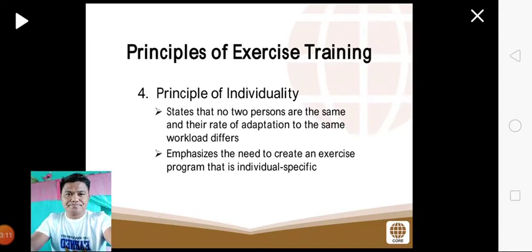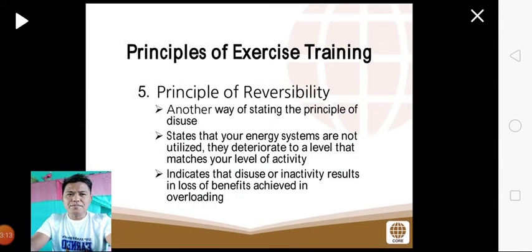Next, principle of reversibility. Another way of stating the principle of disuse, it states that if energy systems are not utilized, they deteriorate to a level that matches your level of activity.